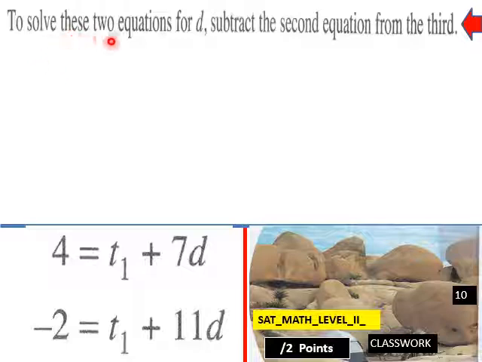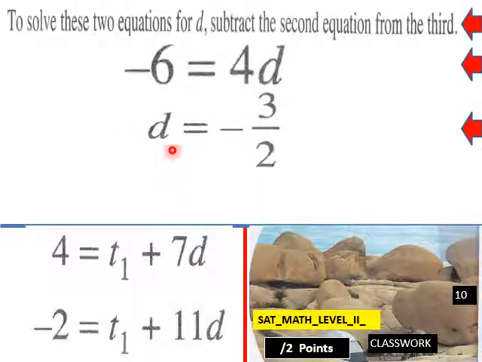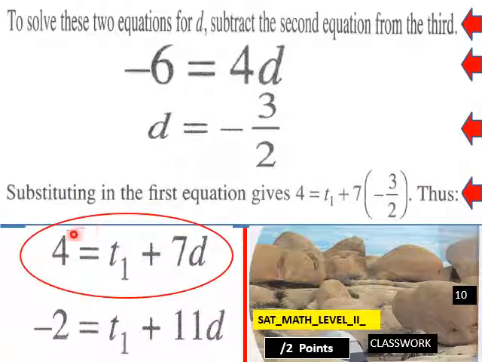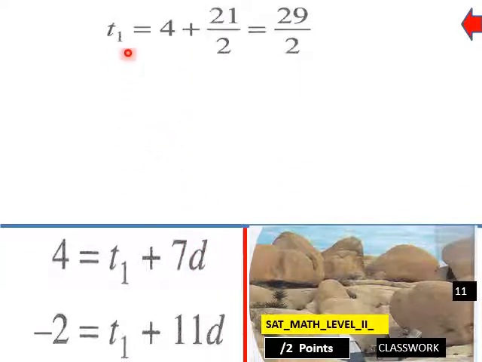Again, to solve these two equations for d, subtract the second equation from the third, so we get -6 equals 4d, and d equals -3 over 2. Substituting in the first equation gives 4 equals term 1 plus 7 times -3 over 2, so term 1 equals 4 plus 21 over 2, which is 29 over 2.